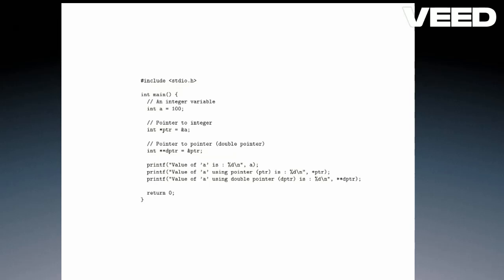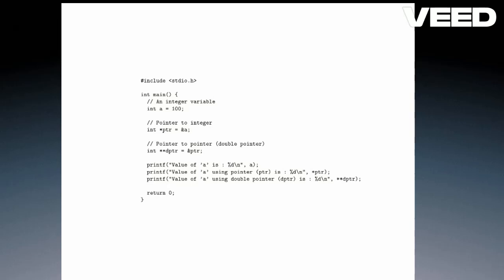So let us look at another problem where I have used a double pointer. In this case, I have declared a variable called a, assigned a value of 100. Now, this is another syntax that you have to get familiar with. We have 4 things to remember. We have seen the star syntax already.